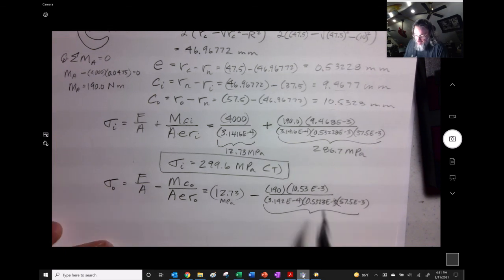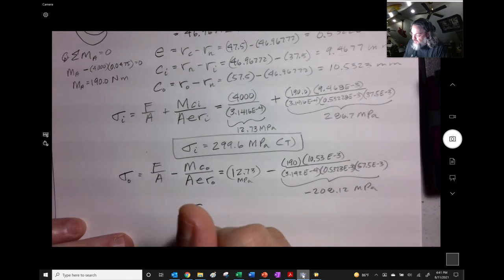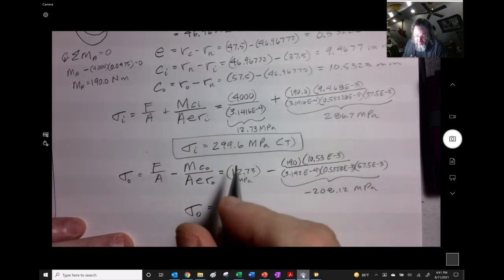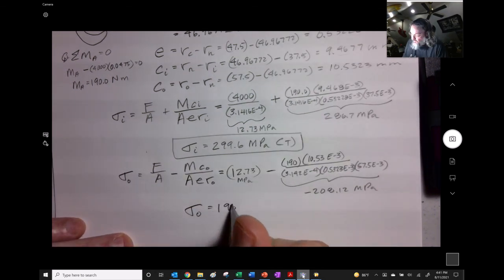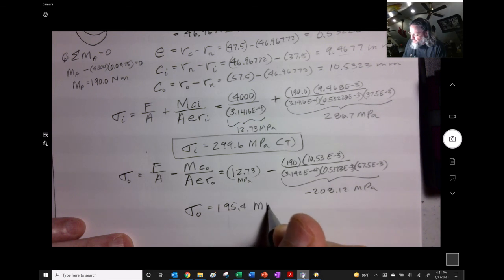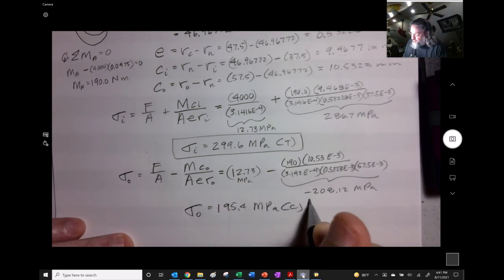And what is that? 208.12 megapascals. So we put those together, and we end up with 195.4 megapascals compression.